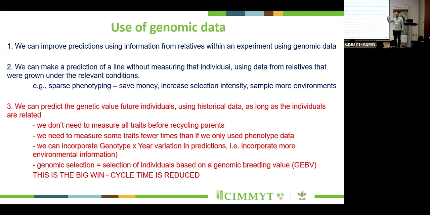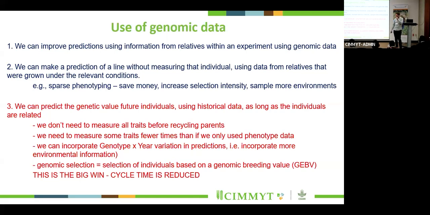Last year's yield trial, the individuals in that are related to what we currently have in our stage 1. They're not as closely related as if it's a full population, but they're still related. So now we are predicting individuals that we're growing now using the data from past years, from relatives in past years.